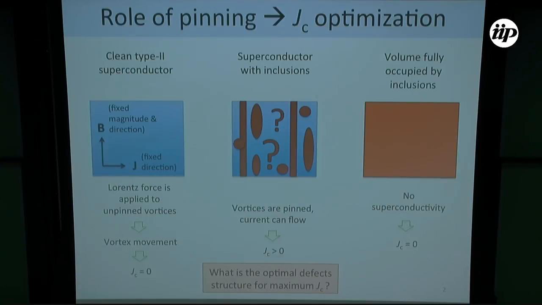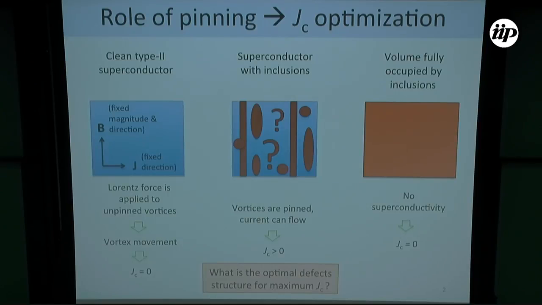In the opposite case, when we occupy the whole sample with defects, the superconductivity will be suppressed, and again, the critical current will be zero. So obviously, somewhere in between, we have some pinning landscape which corresponds to the maximal critical current. And our task is to find this landscape.